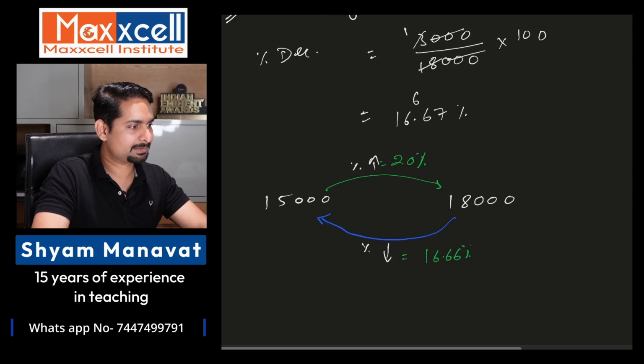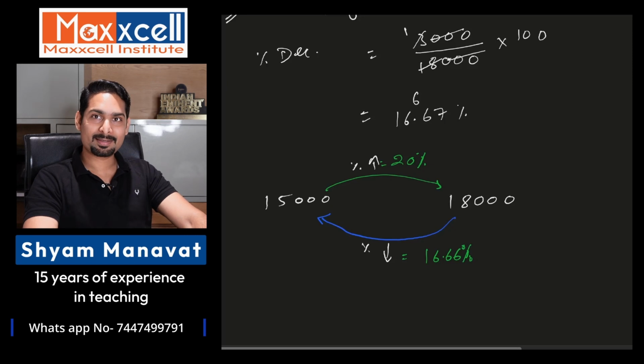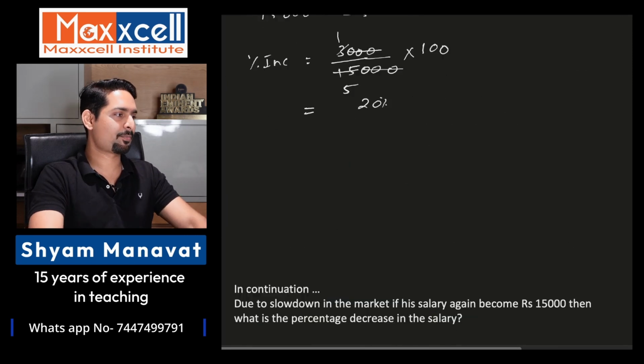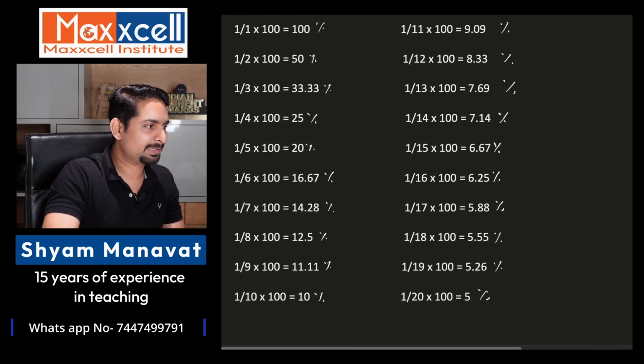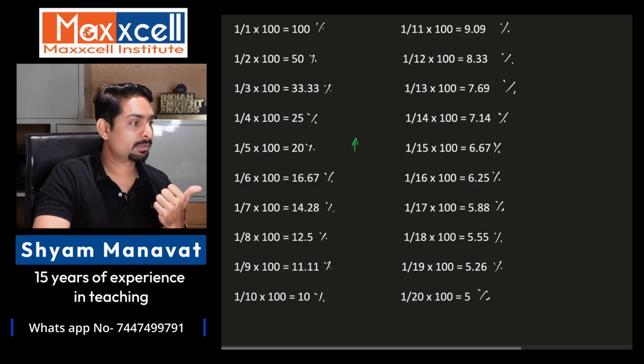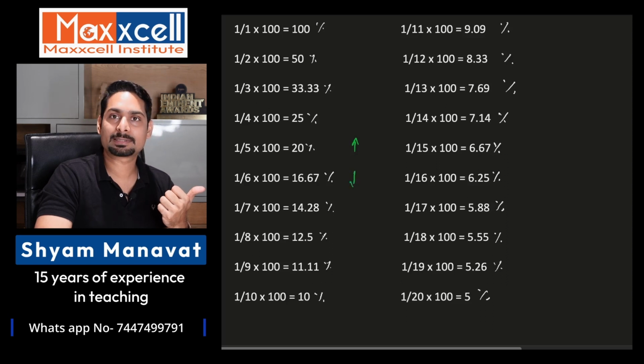Correct? Right? Now relate with the fraction percentage table. The value is increasing by 20%. So to get the same value, it is decreasing by 16.66%.